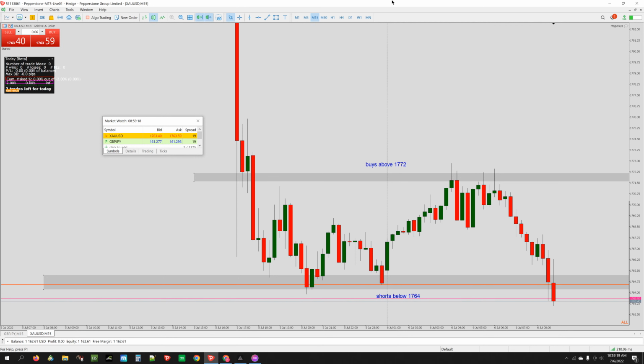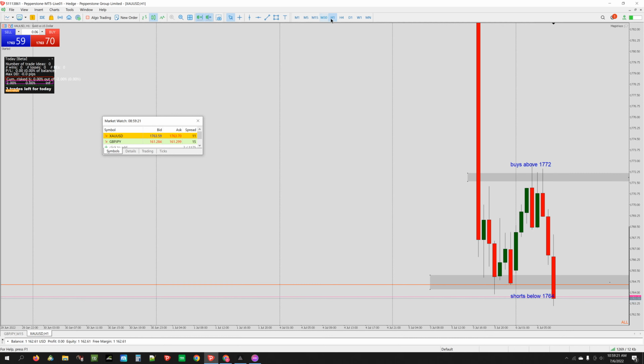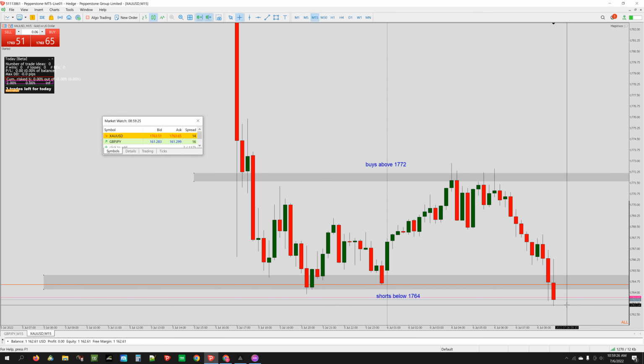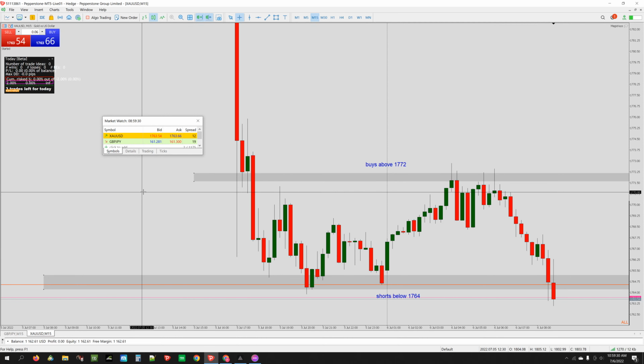The candles are closing very soon. We have broken below the 1764 support level, I will say at this point.